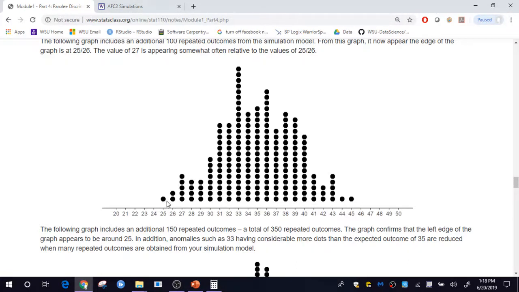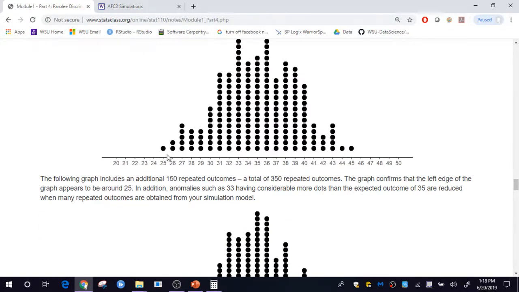So 25 only occurred once out of the 200, 26 occurred twice out of the 200, but 27 occurred 5 times out of the 200. So certainly 27 is occurring somewhat more frequently than 25 or 26. So I'd say the edge of this graph is right here around 24, 25, or 26.